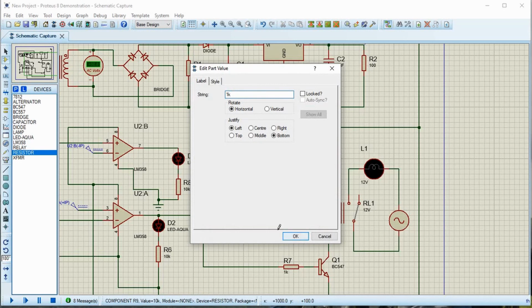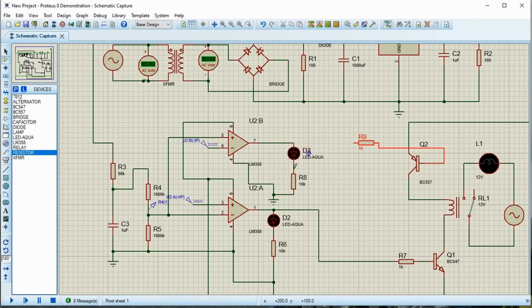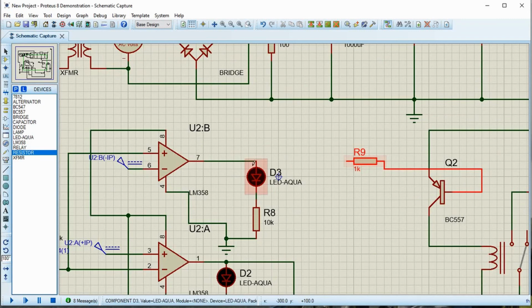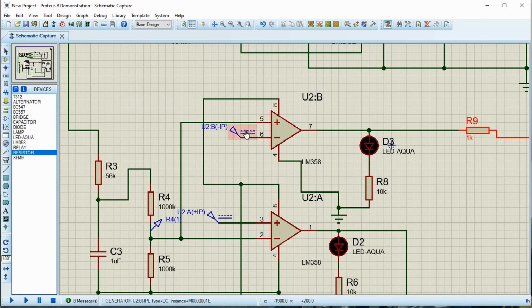Now, as per our logic, this will go high when it is a valid signal, so I have to flip this. To flip this logic, I will just flip pins 5 and 6. In a way it is good because to provide hysteresis, my reference should be at the positive terminal.